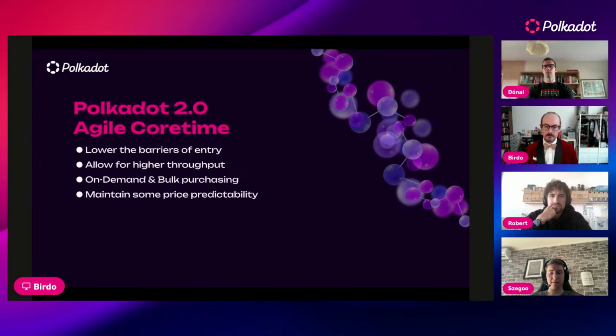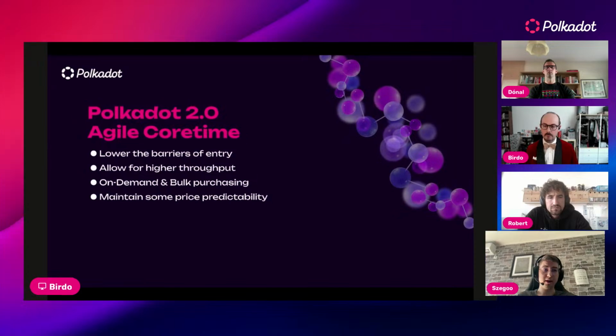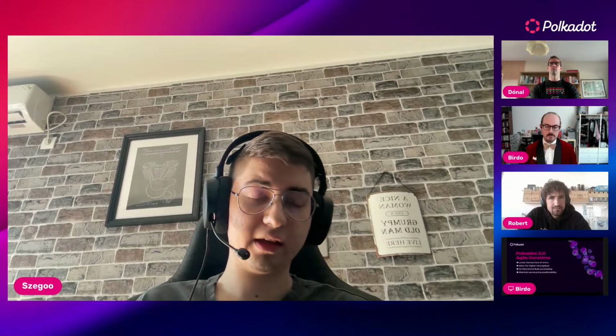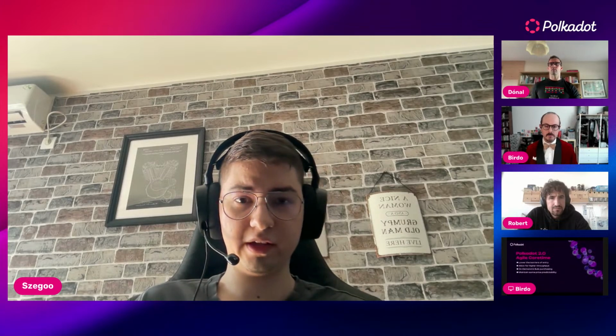Yeah, so this process consists of a few steps. A team would have to reserve a ParaID, register the code, but essentially for the project to be deployed on Polkadot, they need to reserve the core time. And with Agile Coretime, given that these sales are made much more frequently, every month, it is essentially possible for teams to buy core time in the current sale and already start using it in the next one.